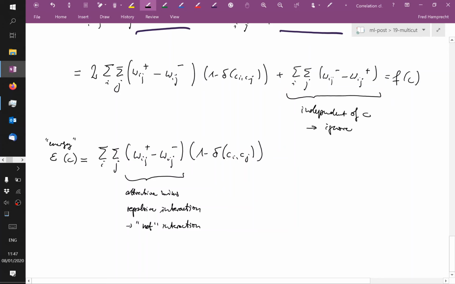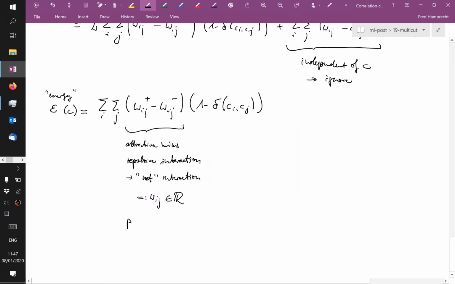I'm just going to call it w_ij without a plus or a minus. So this w_ij can now be in all of R. It can be a positive number or it can be a negative number. It is positive if attraction dominates. It is negative if my repulsion dominates.